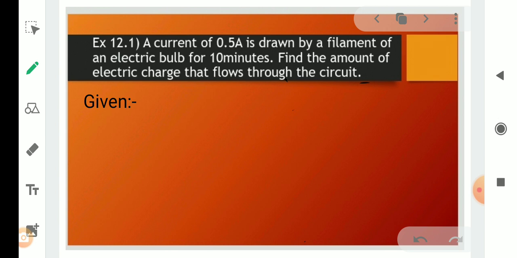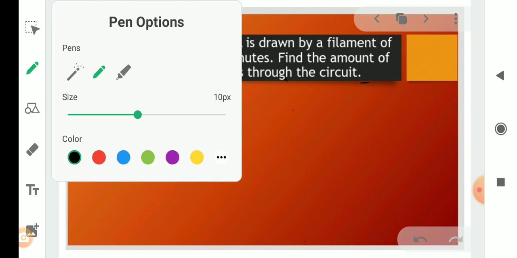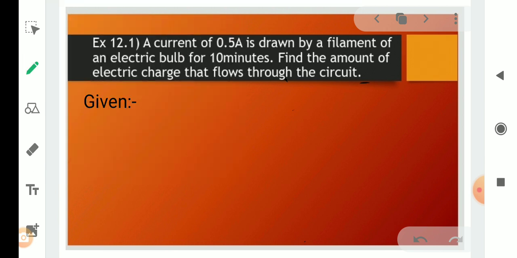After reading the question, first thing is you have to write what is given in the problem. So, which are the given things? Let us write down now. Current I is equal to 0.5 ampere.